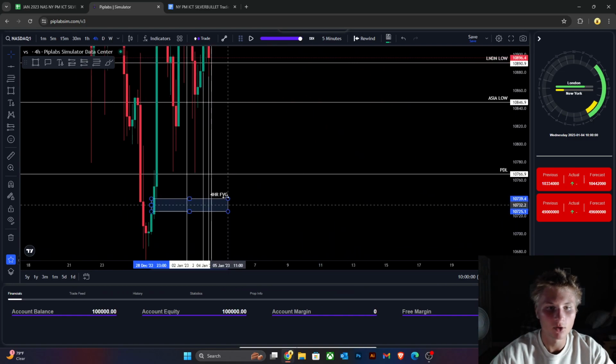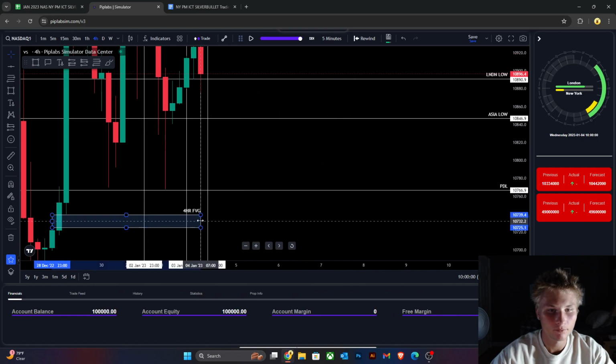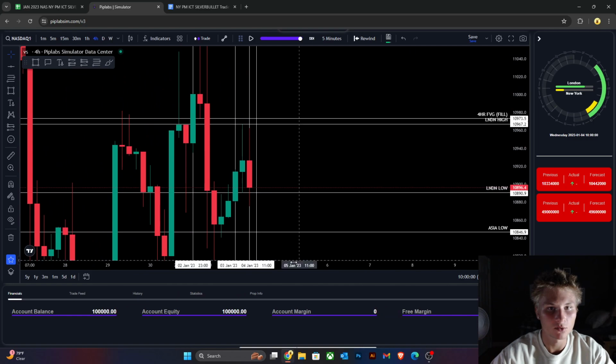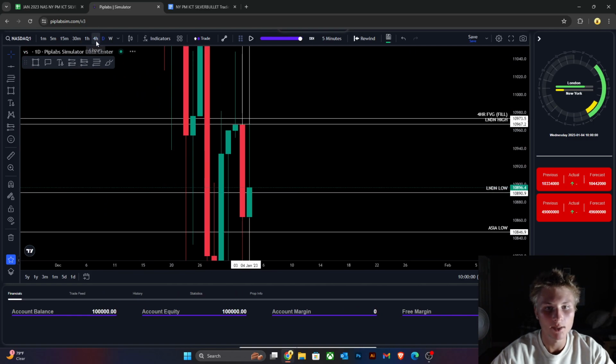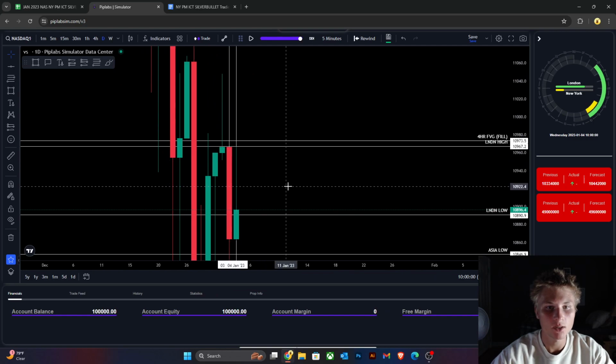This is very far away from price, but I'm gonna just leave it marked up anyway. But yeah, hopping on the 1 hour. Oh yeah, so 4 hours bullish, daily's bearish, but we filled this daily imbalance up here and rejected it.